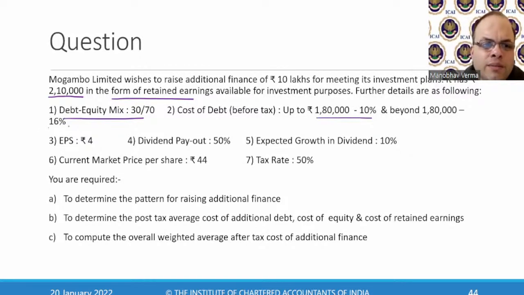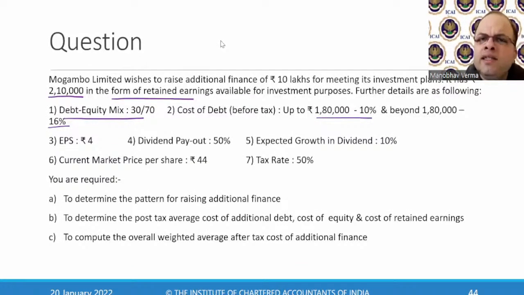After that it is 16%. They have given us EPS, dividend payout, expected growth in dividend, and current market price. So the first question is, determine the pattern for raising additional finance.